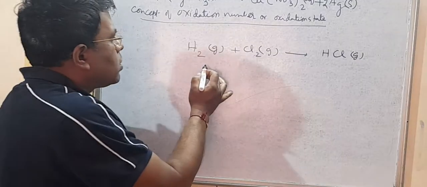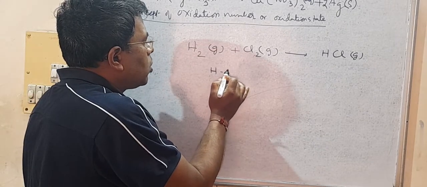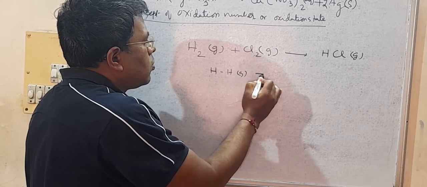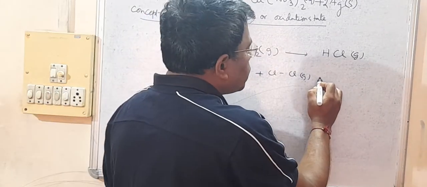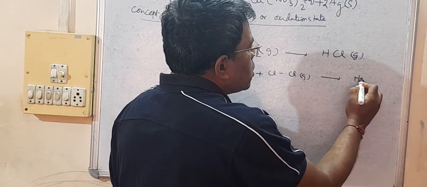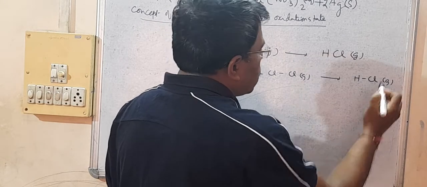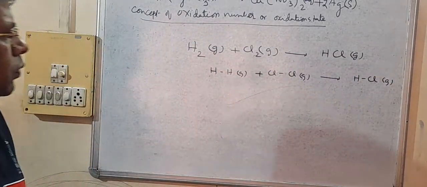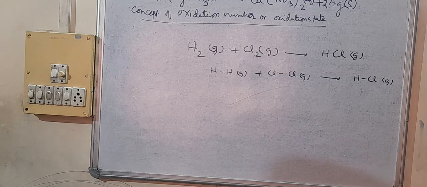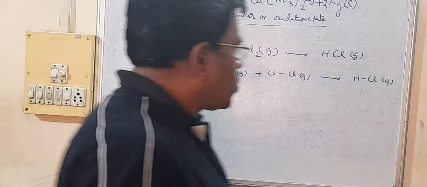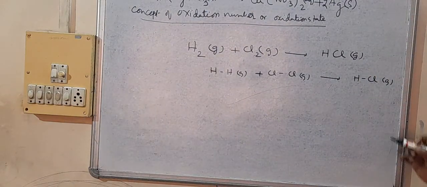We can rewrite this way: H-H gaseous plus Cl-Cl gaseous gives H-Cl gaseous. Okay, now what is oxidation number or what is oxidation state?